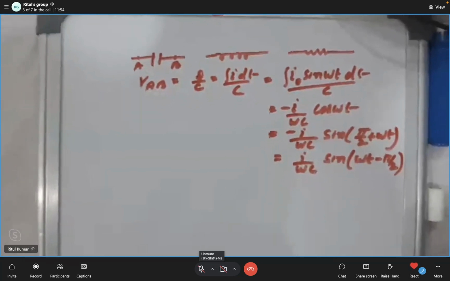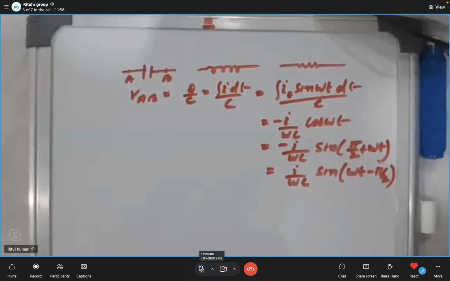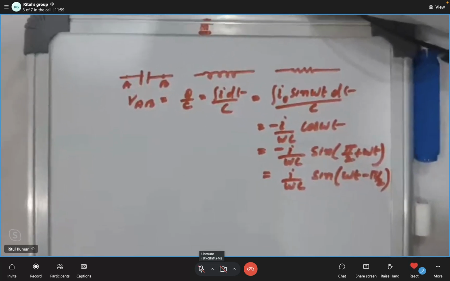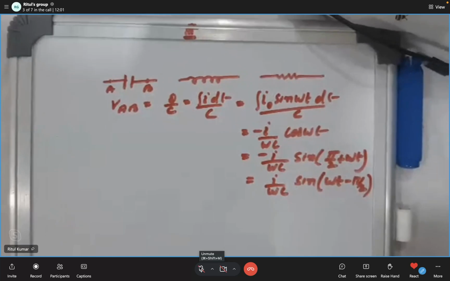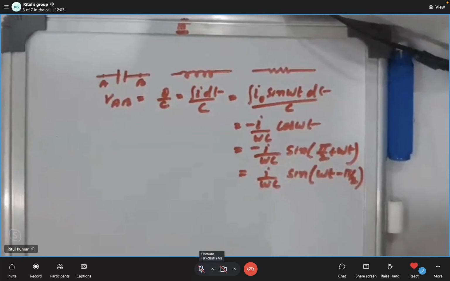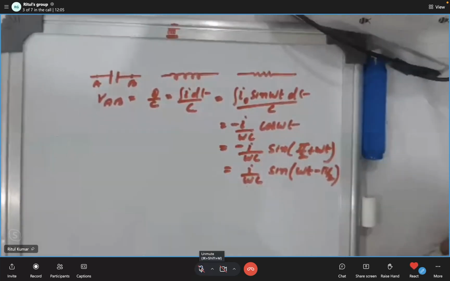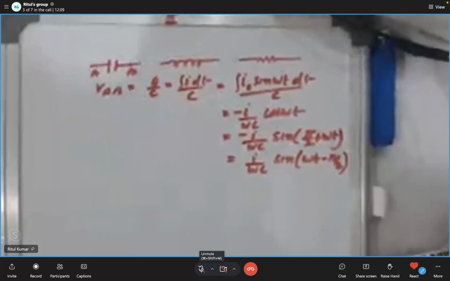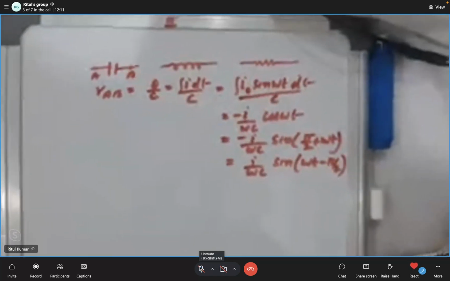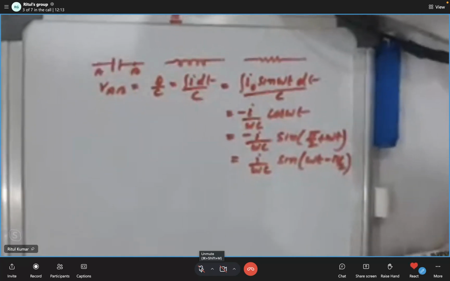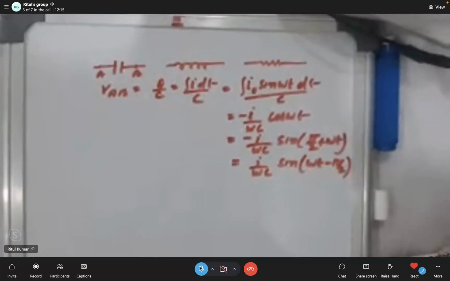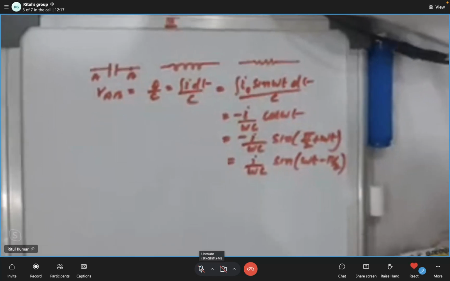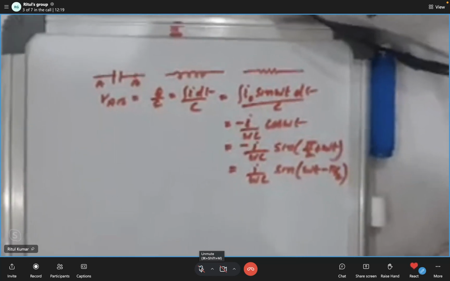And lagging vis-a-vis which physical quantity, that being current, correct? So in a purely capacitive circuit, voltage lags current by pi by 2, or if you rephrase, current leads voltage by pi by 2, correct? Yes, sir. Okay. Purely resistive circuit, they are in phase.